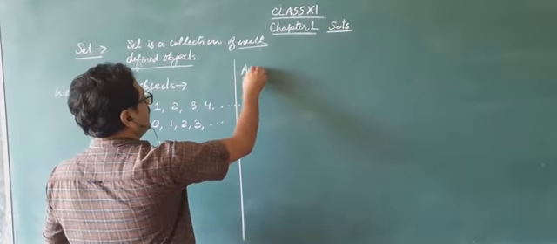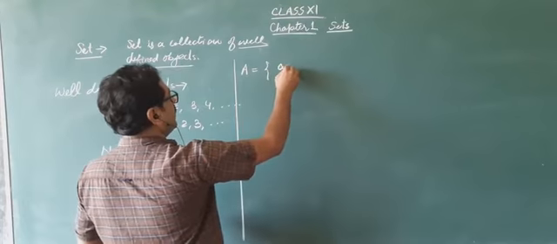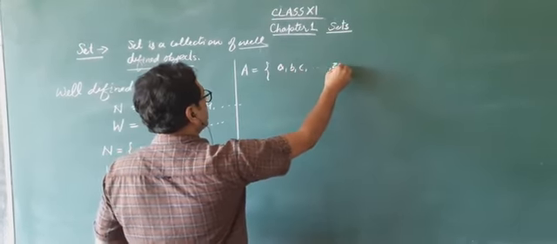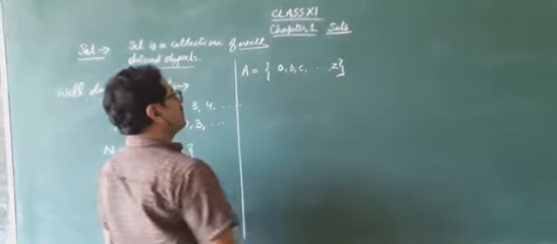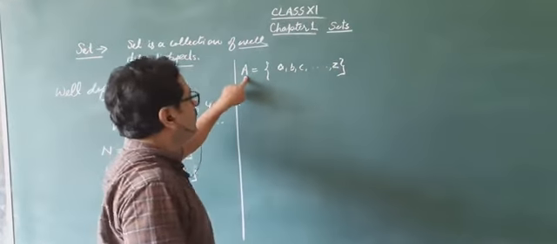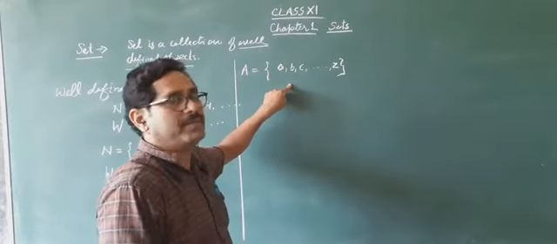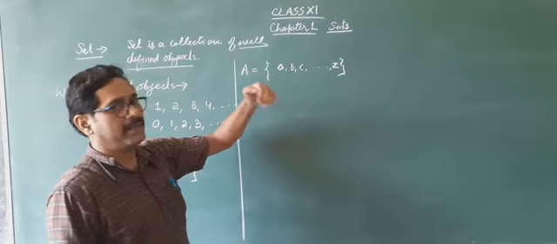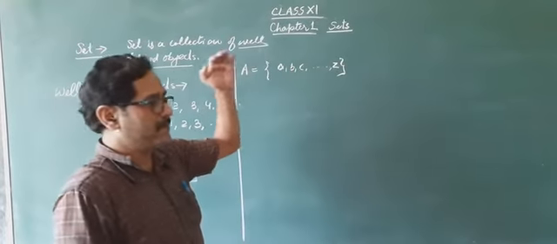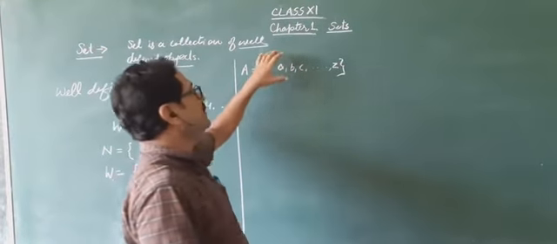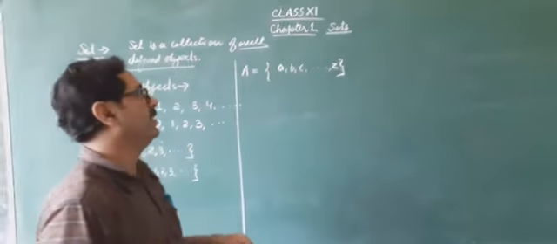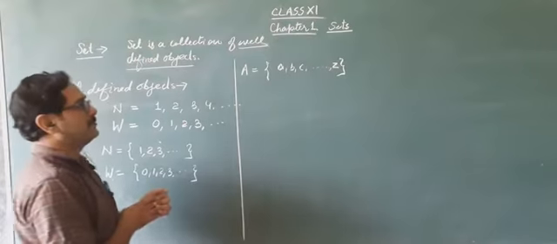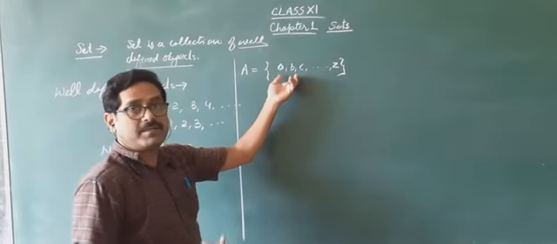Suppose that A is a, b, c and so on up to z. So this A represents a set of the English alphabet. a, b, c, d and so on, x, y, z. This is a set of the English alphabet. So, what is an element?